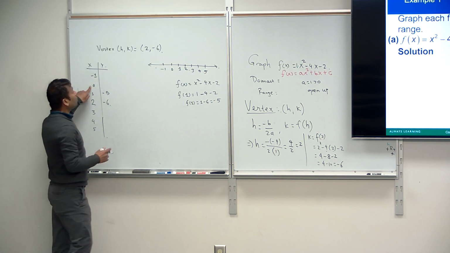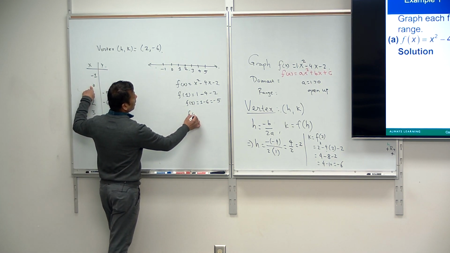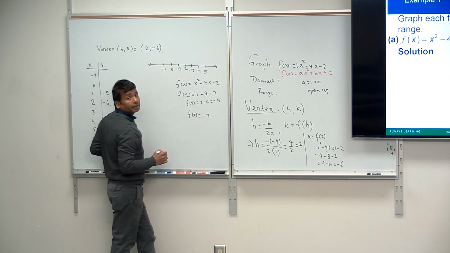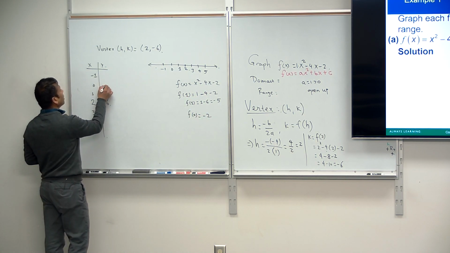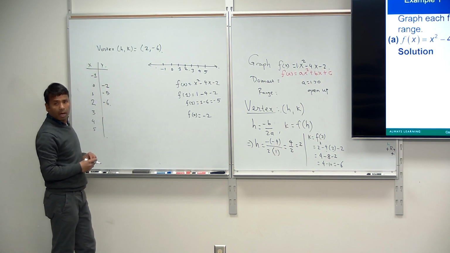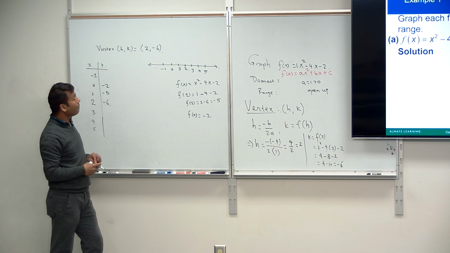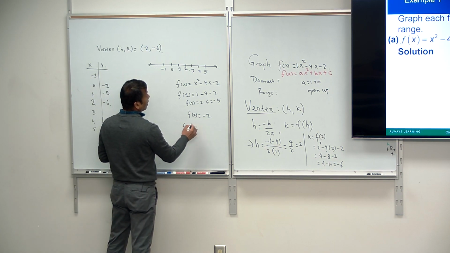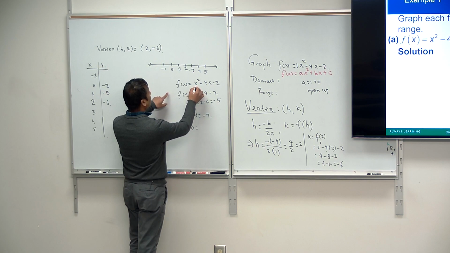And then you plug in 0. x equal to 0. If you plug in x equal to 0, what will be this? Negative 2. Right? And then you plug in negative 1. If we plug in negative 1, what will be this?